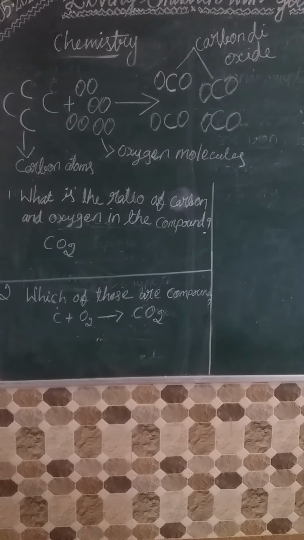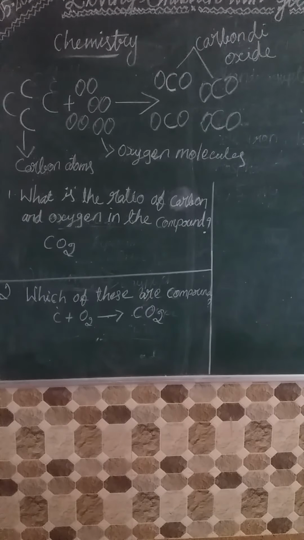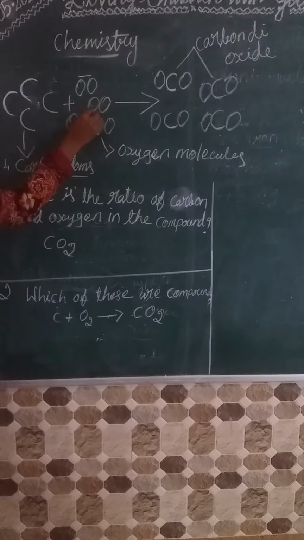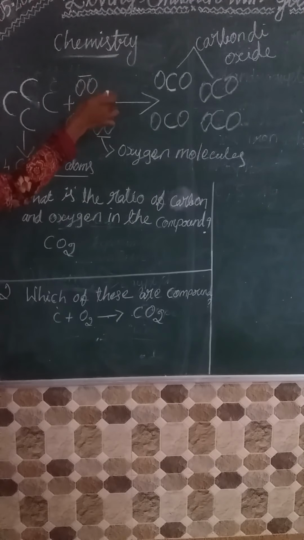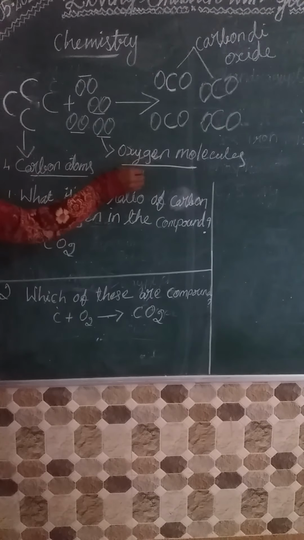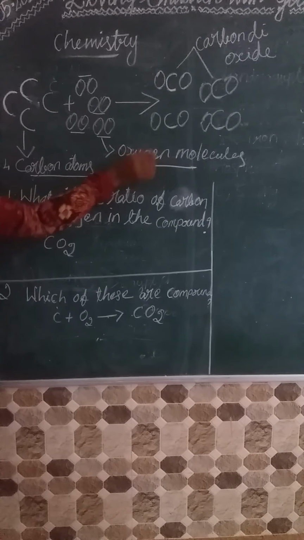In the first question, you can see the carbon. There are 4 carbon atoms, 1, 2, 3, 4, not together, but separated. Then there are oxygen molecules: 1, 2, 3, 4, so 4 molecules of oxygen.